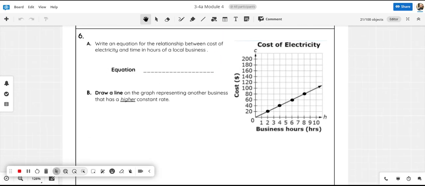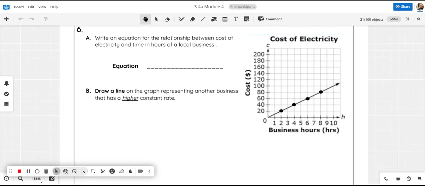All right, number 6, last one. We want to write an equation for a relationship between the cost of electricity and the time in hours of a local business. So for the equation, we need to identify the k value. So I'm going to focus on some points here that we know. The coordinates of this point are 2, 20. Let's look at another point. I'm going to do this one over here.